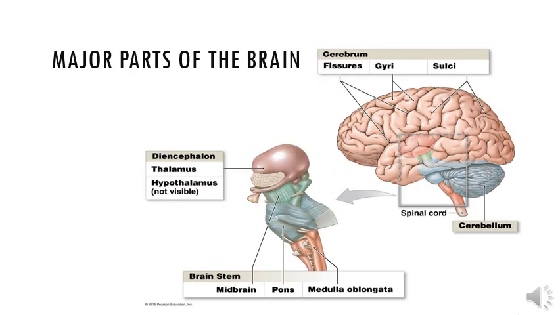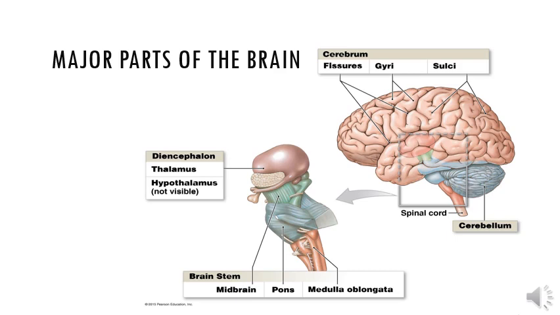Here is our labeled illustration of the major parts of the mature human brain. And before I forget, let me clue you in on that last comment I made on the previous slide. I said at about 5 weeks, the central nervous system, that is the anterior portion of the neural tube, starts to coil into a question mark shape.